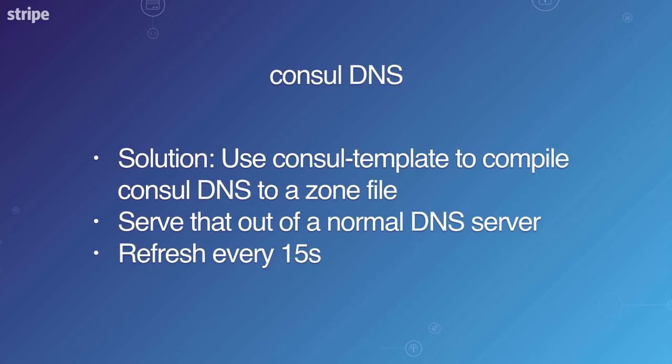And rather than pointing our dnsmasq at Consul's own resolver, we would compile a Consul template to a zone file, serve that out of a real DNS server, and we would periodically refresh that via a Consul template job. And this was pretty nice, because it let us preserve the Consul DNS interface, which is a very handy interface.